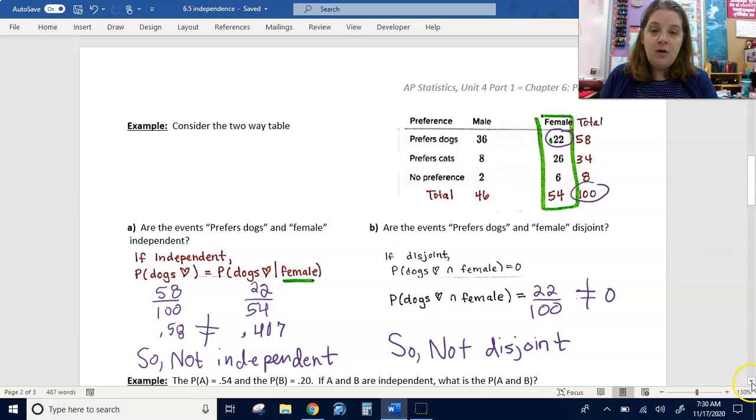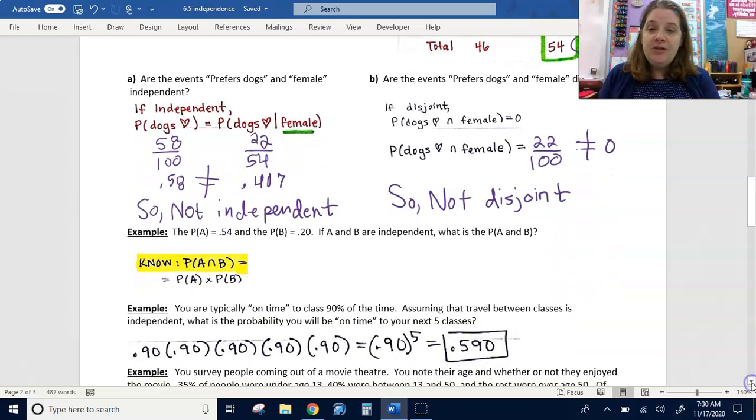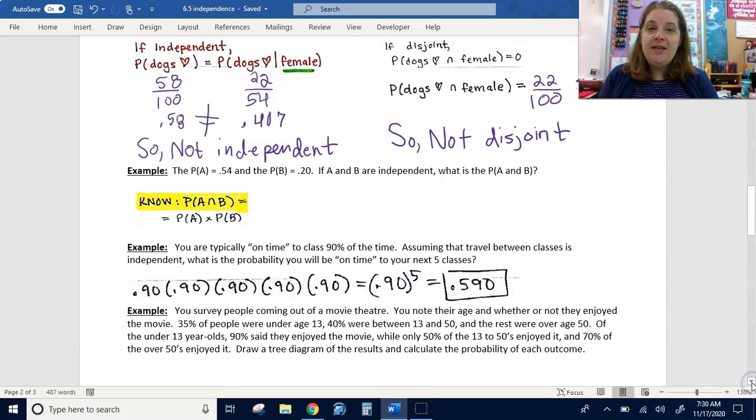Another way that this shows up is, for example, let's say that the probability of A is 0.54 and the probability of B is 0.2. And then it says if A and B are independent, what is the probability of A and B?